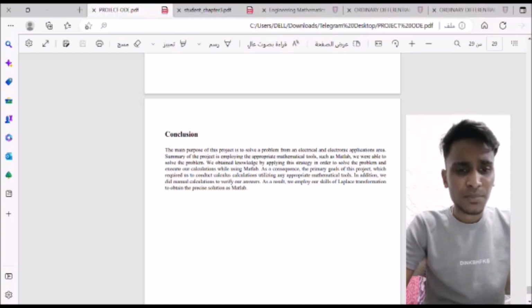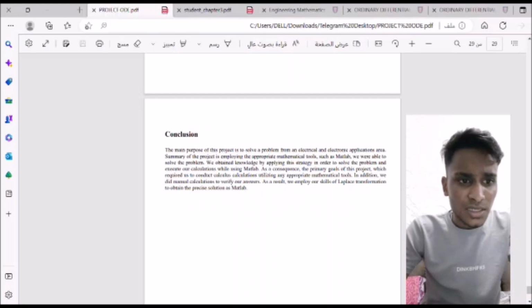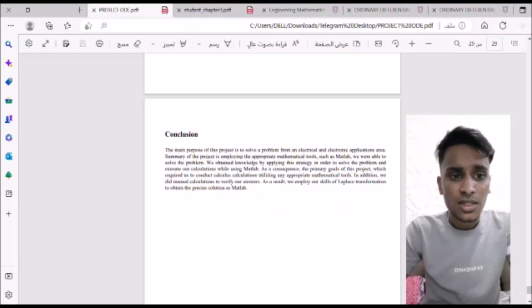As a consequence, the primary goal of the project required us to conduct calculations using mathematical tools. In addition, we did manual calculation to verify our answers. As a result, we employ our skill in Laplace transformation to obtain the problem solution in MATLAB.